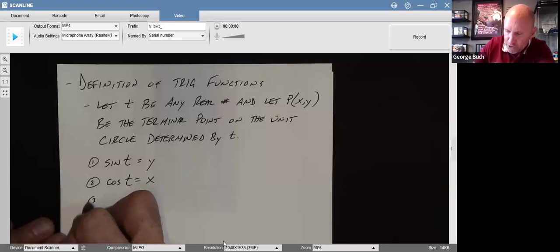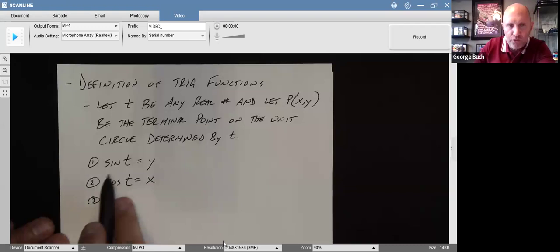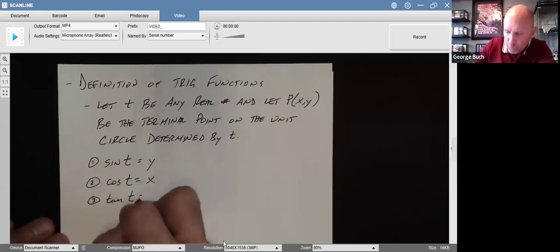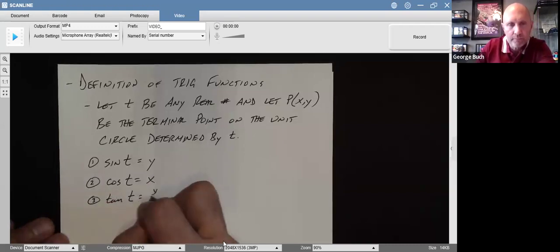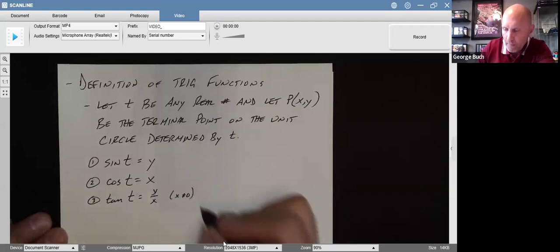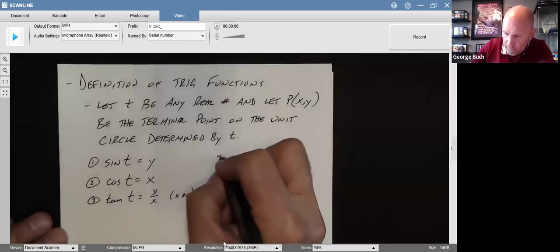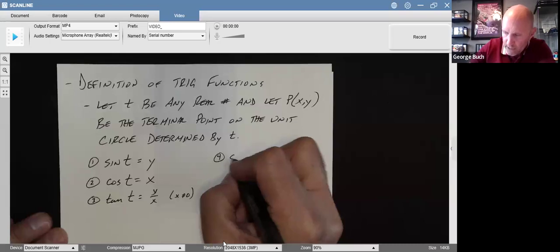And then we have tangent. So yeah, these are all short: sin is short for sine, cos short for cosine, tan short for tangent. So tangent of t is y over x. And of course, x can't be 0 or it's undefined. And then we have what's called cosecant of t.